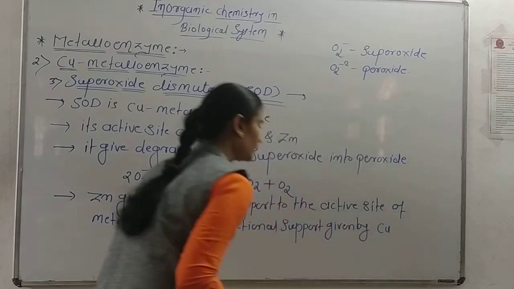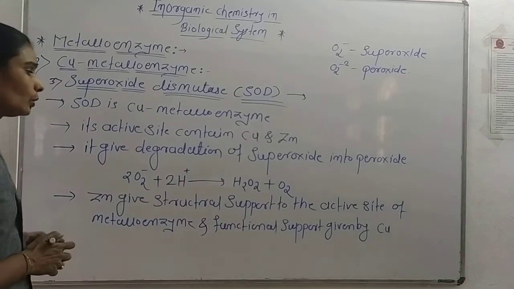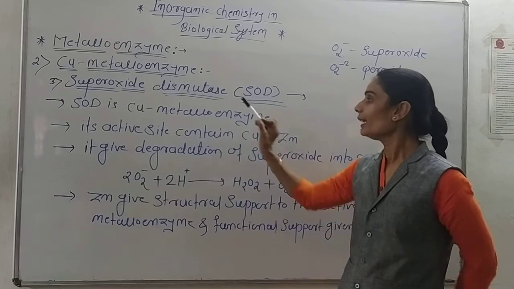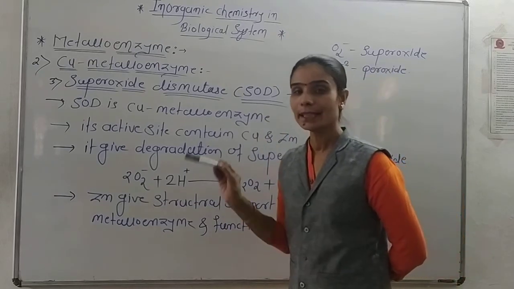Okay, these are the two main roles of the two metal atoms which are present in the active site of superoxide dismutase.